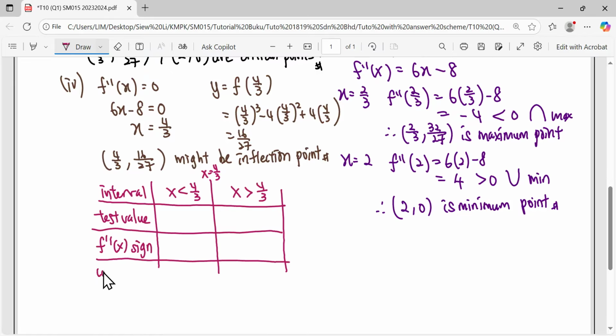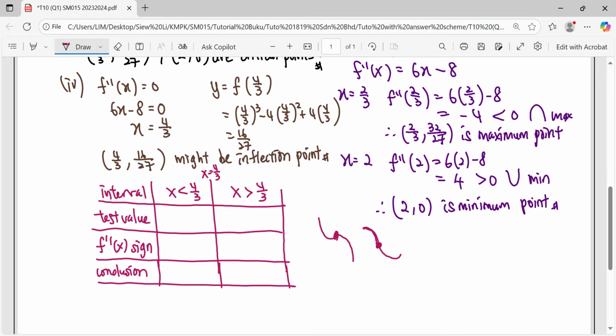Then I want to see the conclusion, whether there is a change in concavity. If we have a change in concavity, which means that the point in the middle is an inflection point. So this is concave upward, this is concave downward. Or if you have concave downward first, then concave upward, this also is an inflection point.